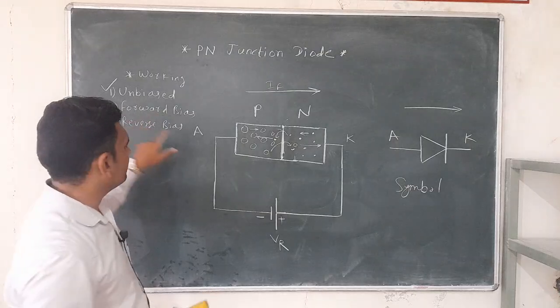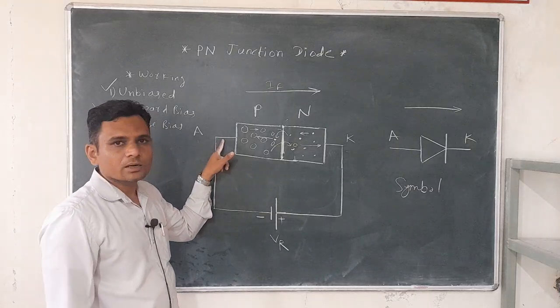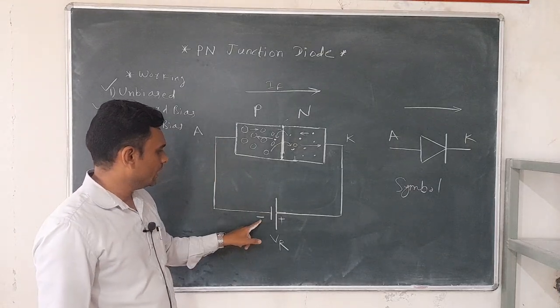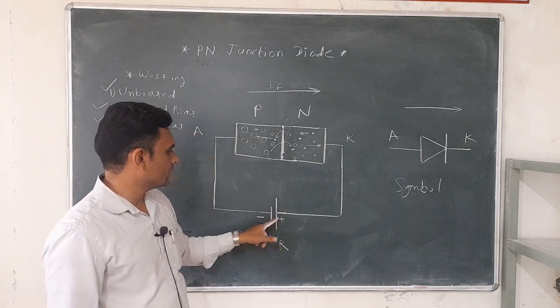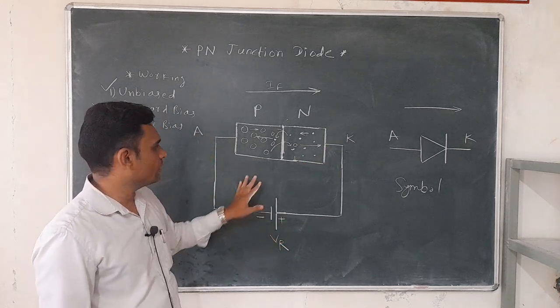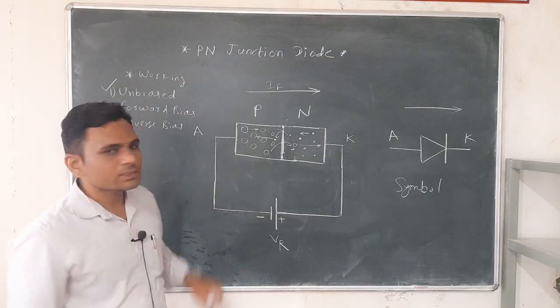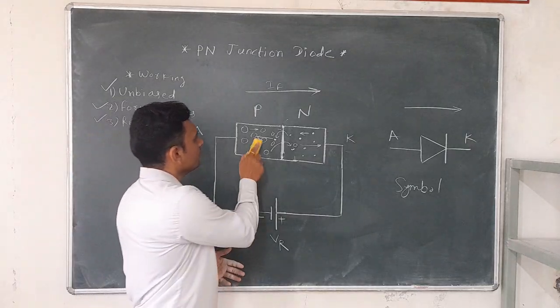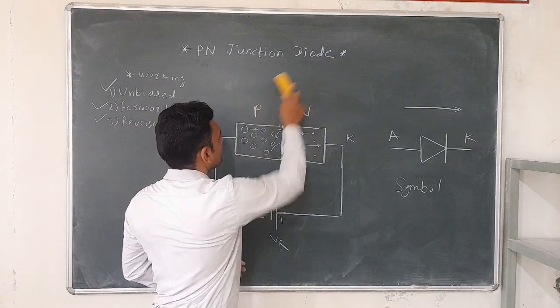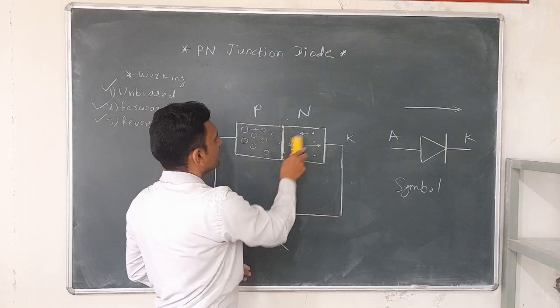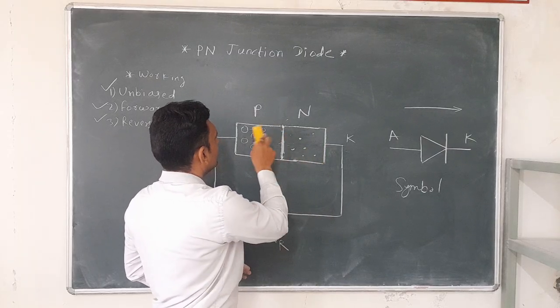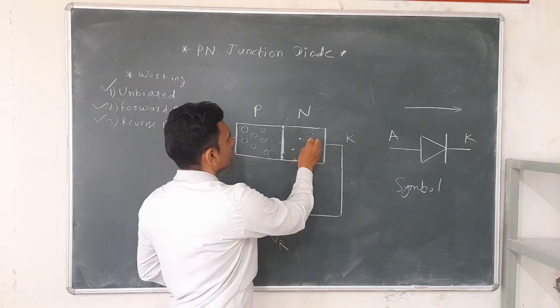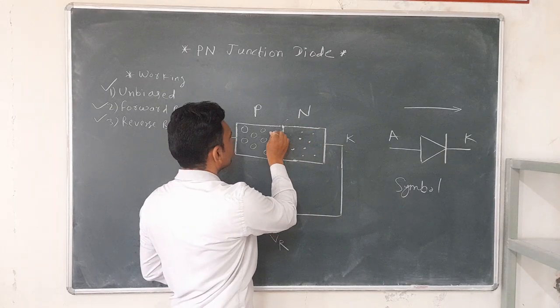So reverse biasing means when anode is connected to negative and cathode connected to positive of external voltage source, this type of biasing is called reverse biasing. Because of reverse voltage, charge carriers move away from the junction.